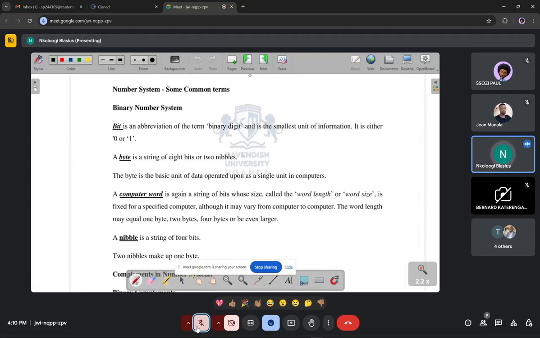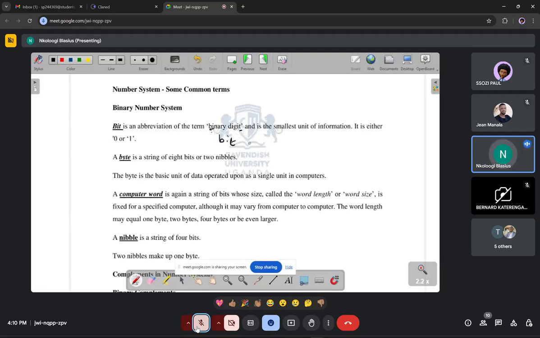Let us first look at what a bit means. Bit comes from binary digit. So when you take the "bi" and then add a "t", that's when we get the word bit.